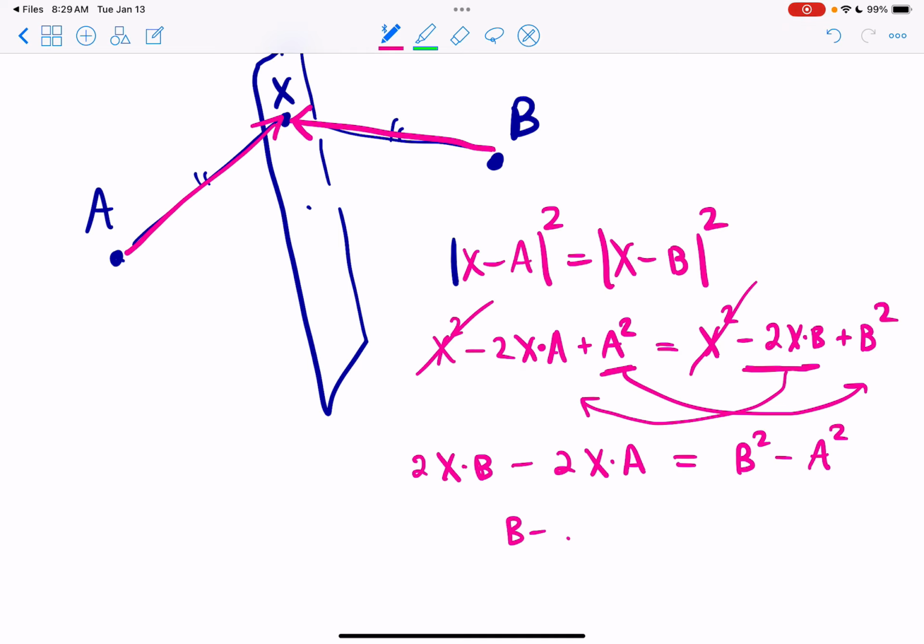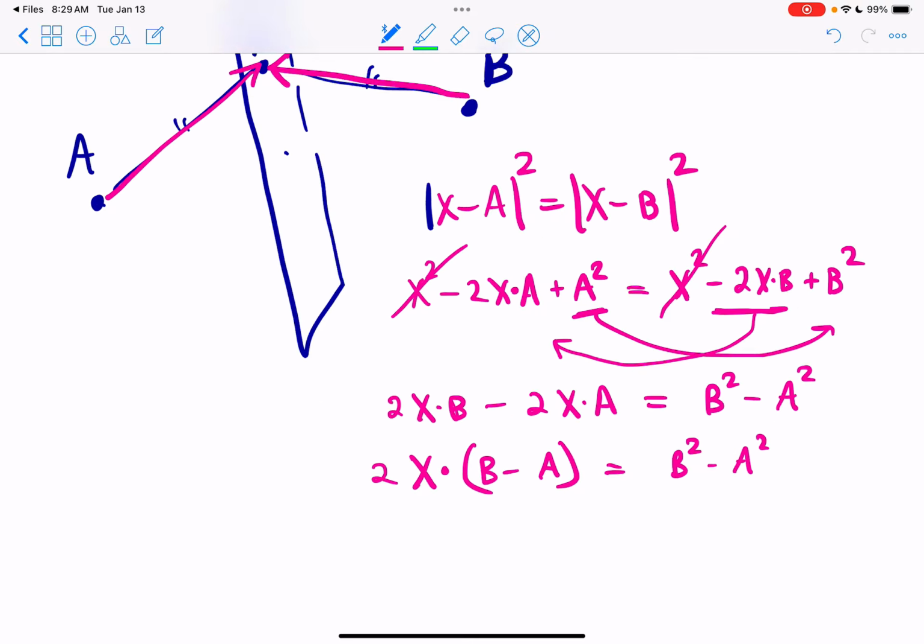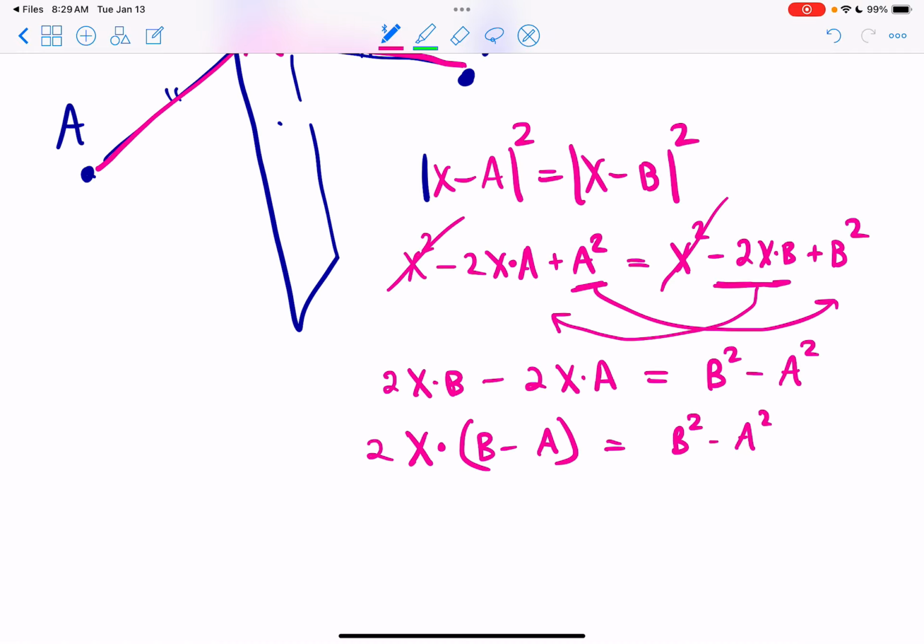In other words, we're going to get b minus a, that's a vector dot product with x, and we also have a 2 here, and that is equal to b squared minus a squared. And what are we going to do with that 2? Well, remember we want n dot x equals n dot p. That's the plane equation. And then we're just going to pattern match.